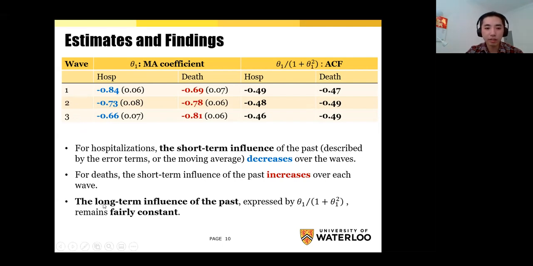This shows that the short-term influence of the past is actually decreasing over the 3 waves for hospitalizations. It's an important feature that we observed after we have data for 3 waves. On the other hand, for deaths, the short-term influence of the past actually increases over the waves. These are all new findings that we have observed, and the long-term influence of the past remains fairly constant.